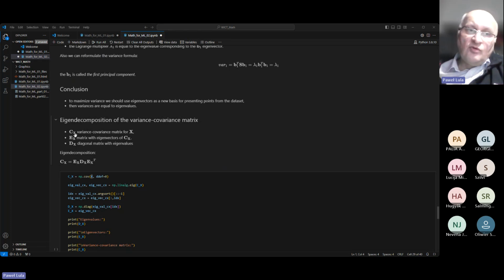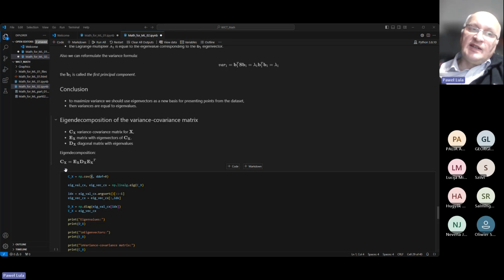And we know that we can decompose this matrix using eigendecomposition. So we can present this matrix as a product of three matrices.